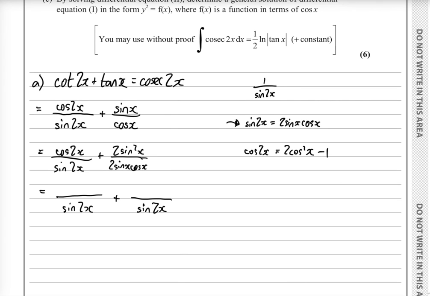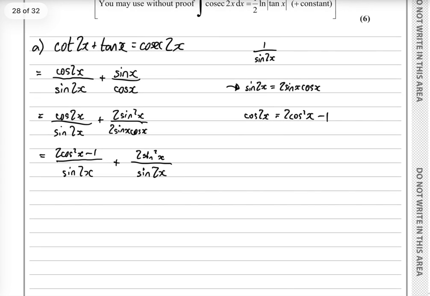But now here we've got 2 cos squared x minus 1 and 2 sine squared x, and we can see where this is going now, I think. 2 cos squared x plus 2 sine squared x minus 1, over sine 2x, and of course cos squared x plus sine squared x equals 1, so 2 of those is equal to 2.